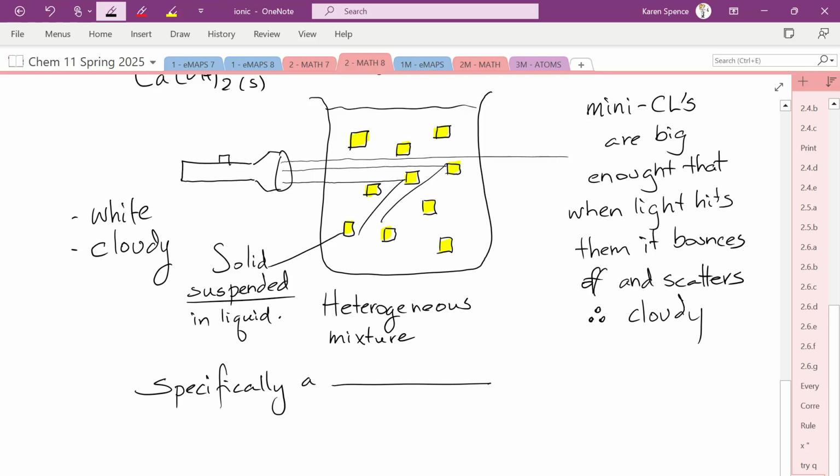So what could we call this type of mixture? A suspension.